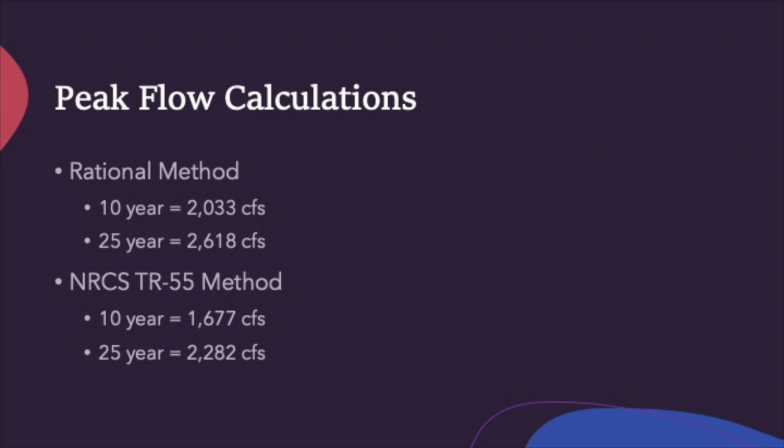Now we're getting into the meat of this project, and we're trying to calculate the peak flow. We used the rational method and the NRCS TR-55 method, both of which use coefficients. The rational method uses C, and TR-55 uses CN, which is curve number. Both are analyzing the ground cover and the percentage of grass or the slope, and forests versus grazing and all that.